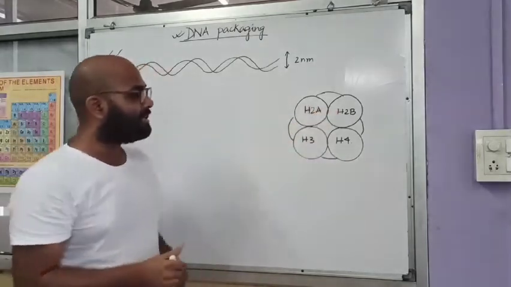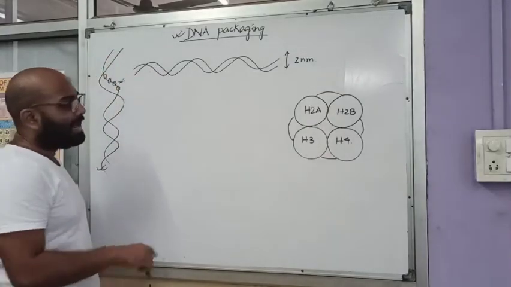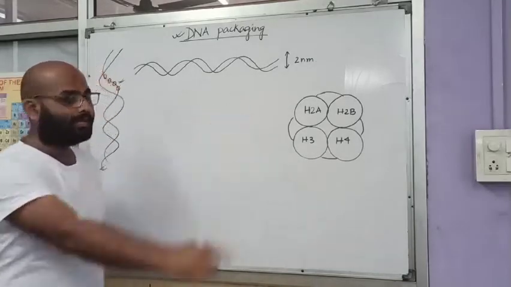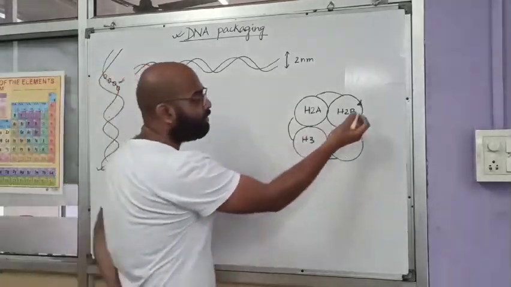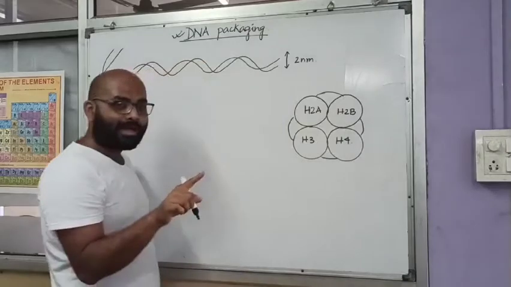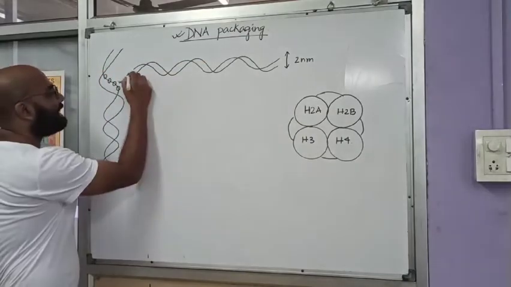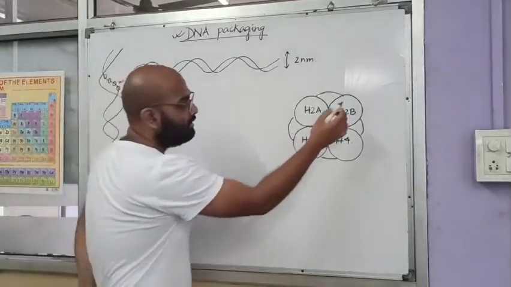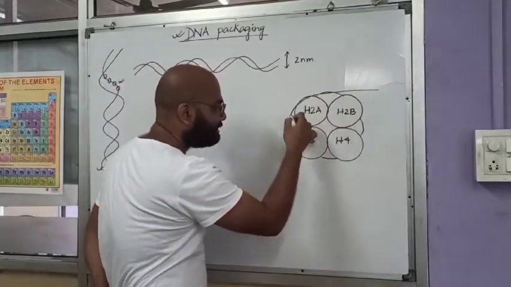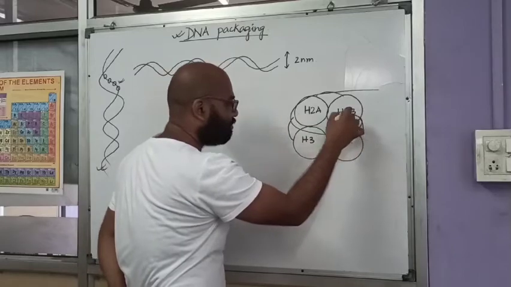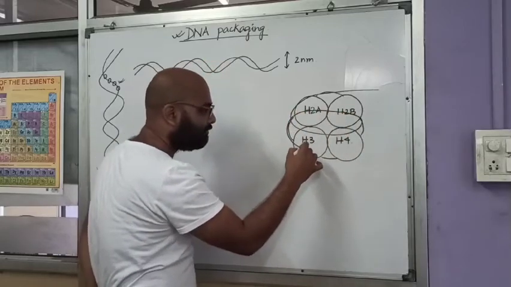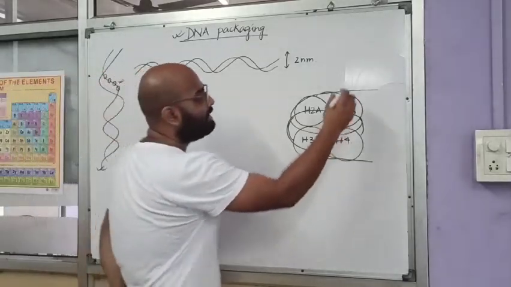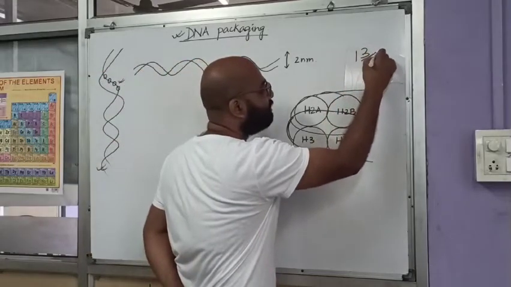This makes the histone core, around which the DNA molecule rotates. I am drawing one single stretch, but imagine that one single stretch is carrying both strands of the DNA molecule. It rotates like this, one complete turn followed by a partial turn. So we call this a 1 3/4 turn.